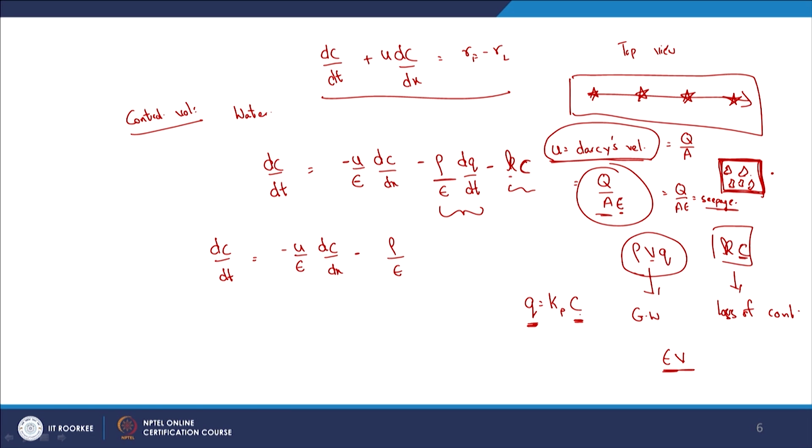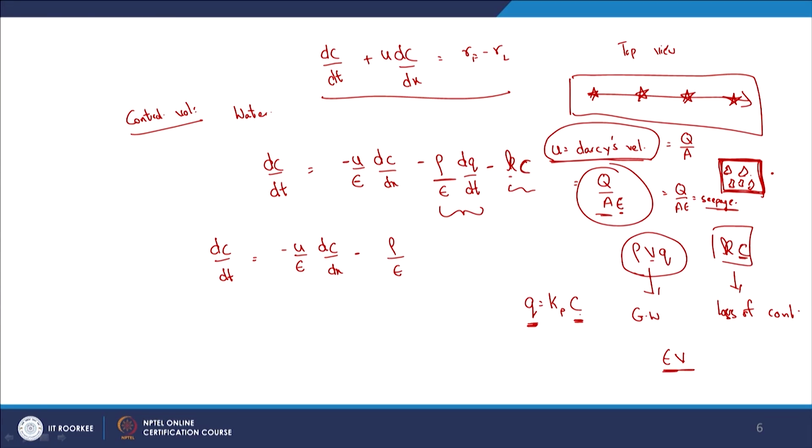As we know, both of these variables are going to be in equilibrium. If the equilibrium is disturbed, it is going to shift such that a new equilibrium is reached. So, that is what we have here, and this derivative of q will be kp, which is a constant, times dc by dt, minus kc.